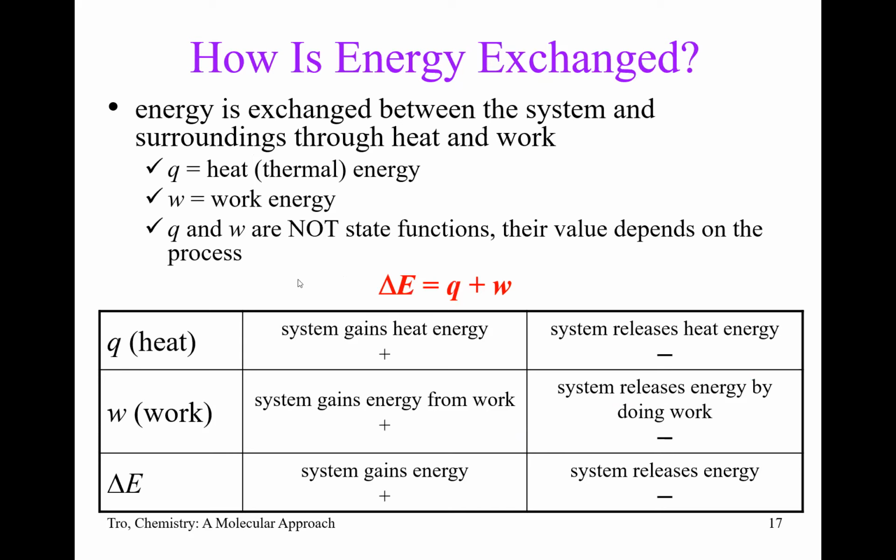Okay, so that total energy is the combination of two things. It's the combination of heat and work. The Q and the W are not state functions, and their value depends on the process. That's a little kind of physics and engineering, and really the short and skinny for this is in the chemistry world, we really try to minimize this work, right?